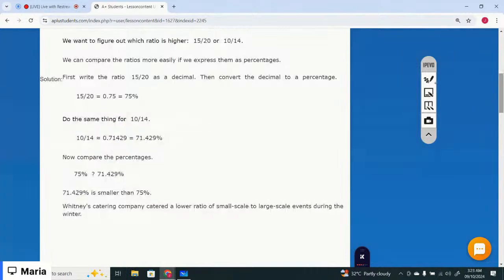So now compare the percentages. 75% is more than 71%.